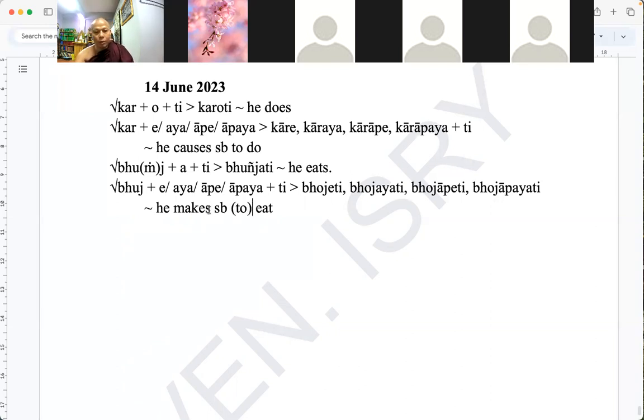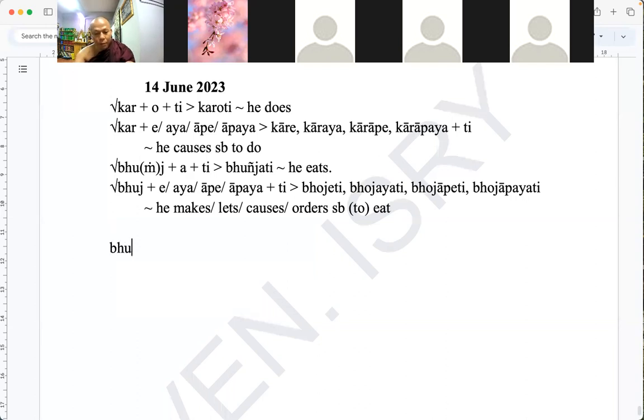So that causative we can commonly translate as makes, or lets, or causes, maybe orders, and so on. Any one of them, based on the context. But this bhunjati, root bhuj, is from the present verb base.